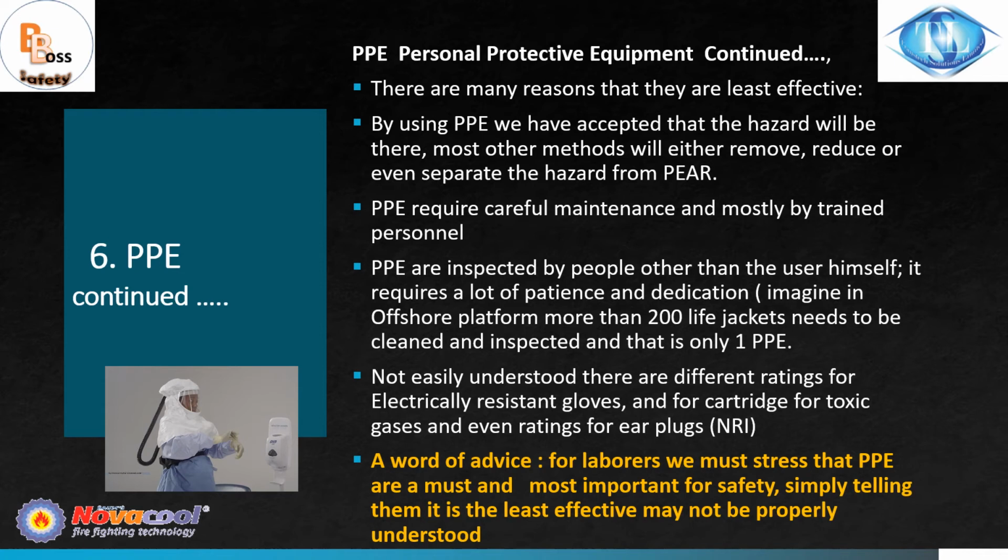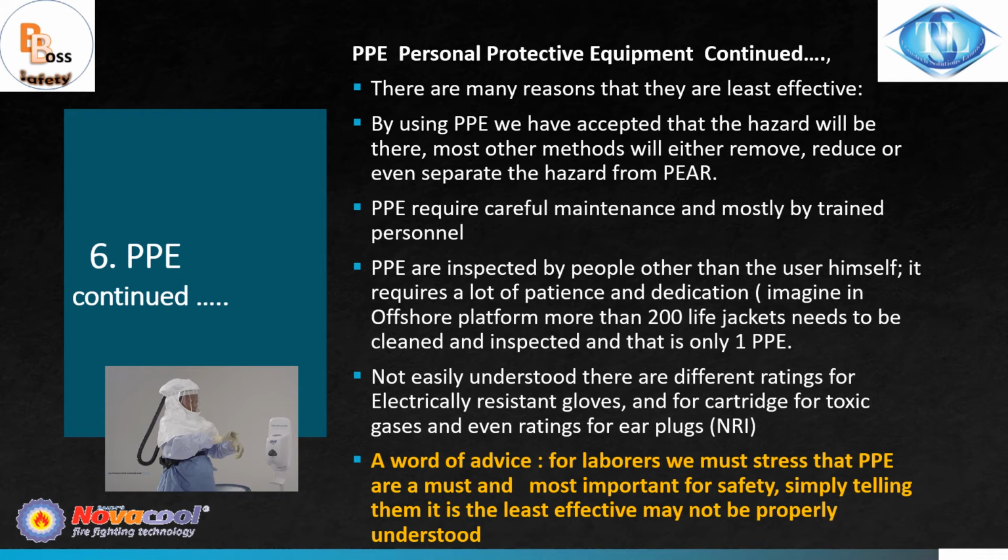Breathing apparatus have a safety protection factor, which is very important, and this factor comes in numbers. With a certain concentration, let's say of one of the toxic gases, hydrogen sulfide, above, for example, 1,000, you need a certain protection factor. So not all breathing apparatus can work in any concentration.